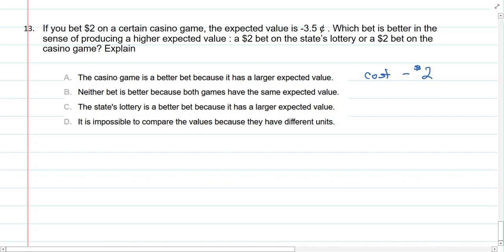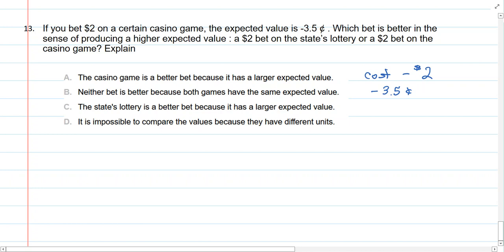The expected value is a negative 35 cents. Well, actually 3.5 cents, sorry about that. Which bet is better in the sense of producing a higher expected value? A $2 bet on a state lotto or a $2 bet on a casino?